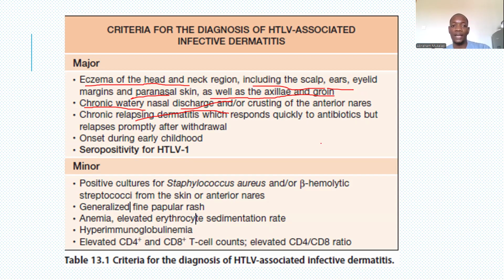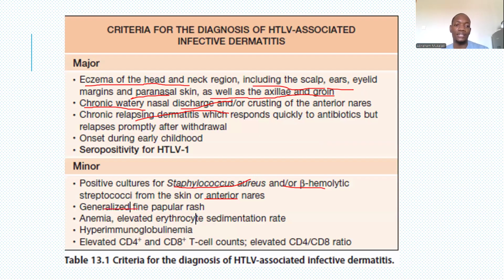And then when you take blood and someone is seropositive for the human T lymphotropic virus 1, then you are able to conclude that this patient has infective dermatitis associated with HTLV1. Then in the minor criteria, you can have positive cultures for Staph aureus or beta hemolytic strep from the skin or even the anterior nares. So now we know that this is a common bacteria that usually superinfects this infective dermatitis.